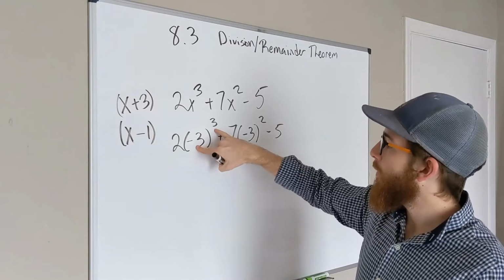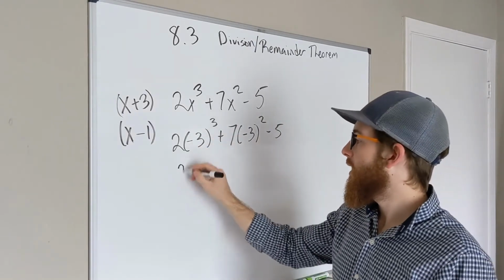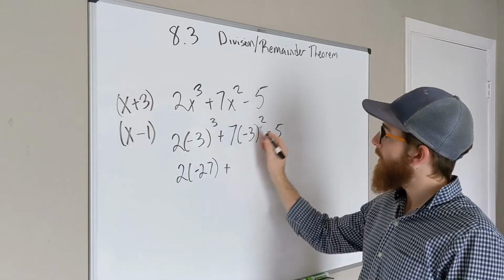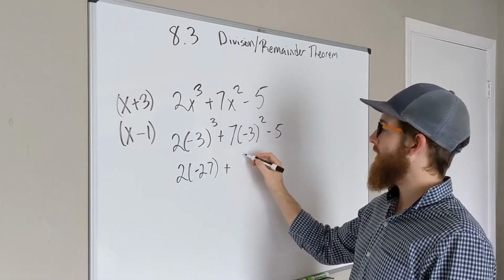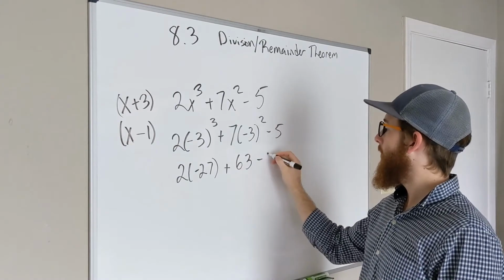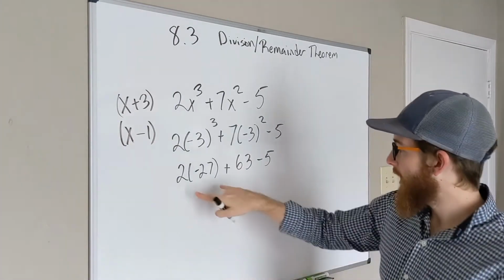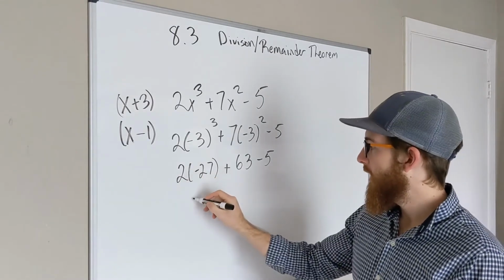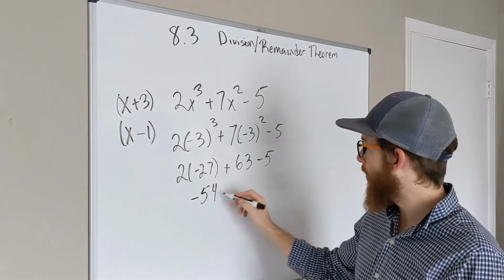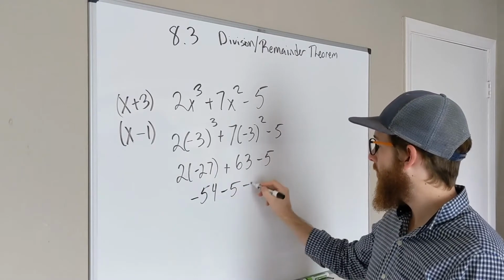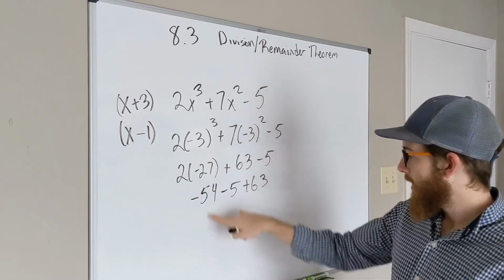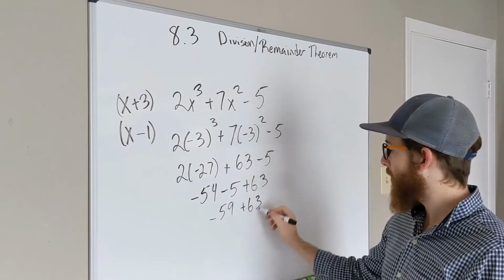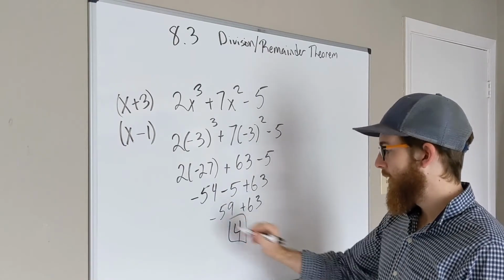Negative 3 cubed is negative 27, and 3 squared is 9, so 7 times 9 is 63. Negative 27 times 2 is negative 54, minus 5, plus 63. This would be negative 59 plus 63, which is 4.